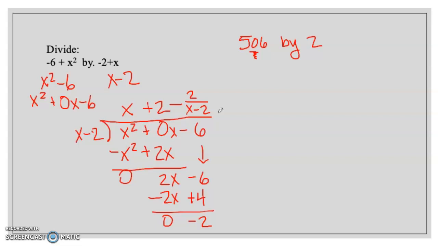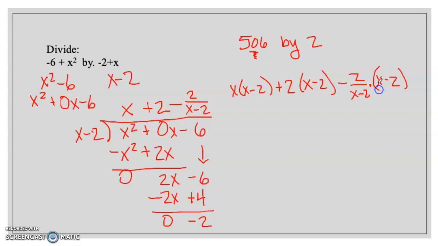You could go back and check your answer by multiplying this times x minus 2. So I could multiply everything in this answer times x minus 2, including negative 2 over x minus 2 times x minus 2. And I would end up with what is under the bridge after I distribute.